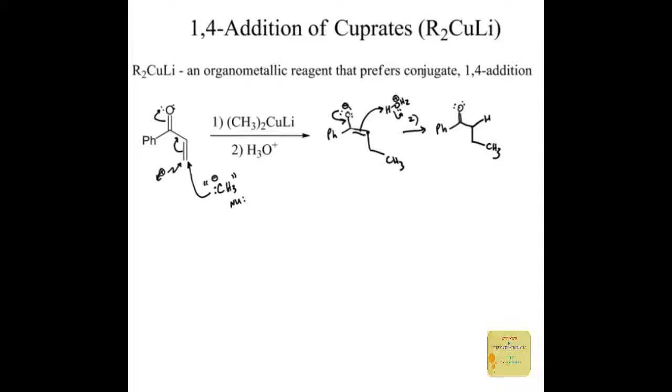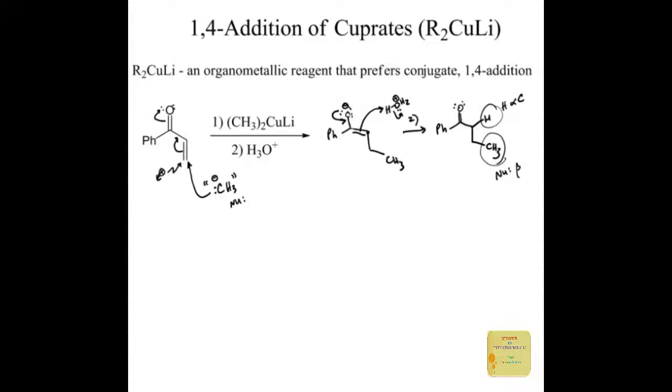Okay, and this is what we saw in the overview slide of what a conjugate addition, a 1,4 addition, looks like. You break the pi bond of the carbon-carbon double bond, you add the nucleophile to the beta carbon, and you add a proton to the alpha carbon. That's going to be the overall pattern for when we do a conjugate addition or a 1,4 addition.